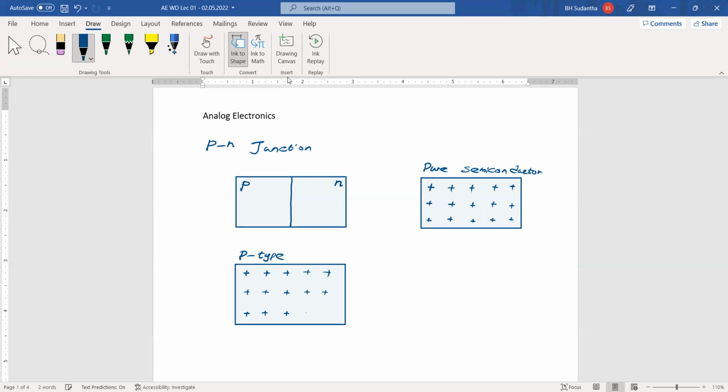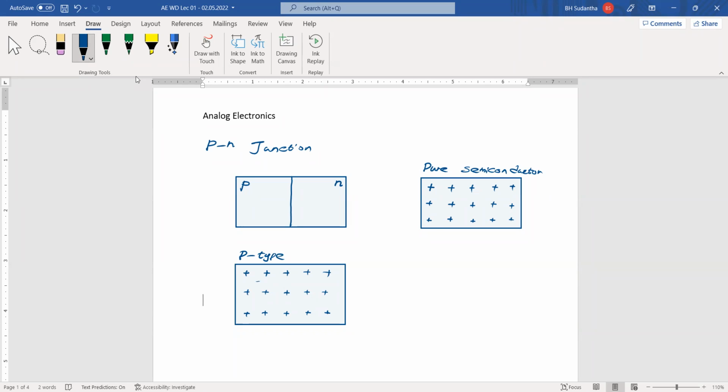But it doesn't mean there are no minority carriers. Actually, minority carriers are there, but the amount is very small.